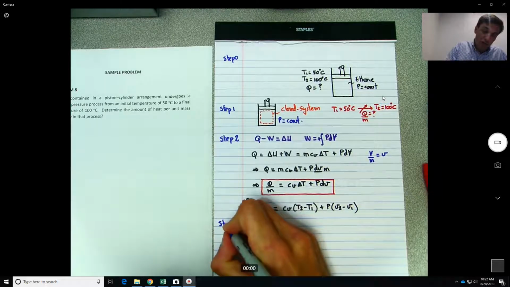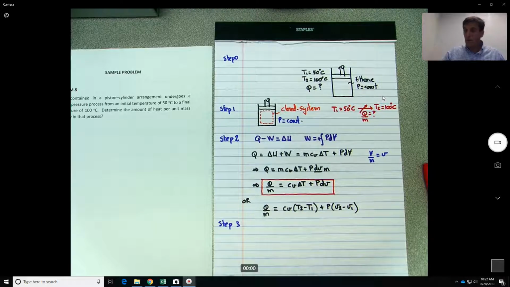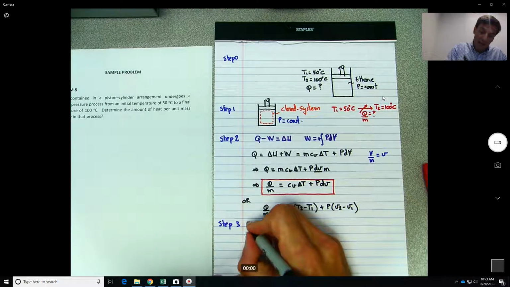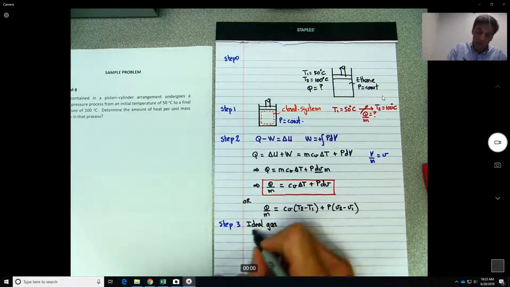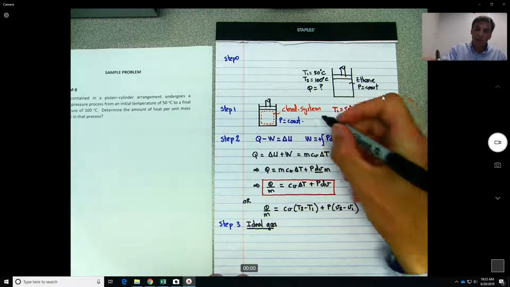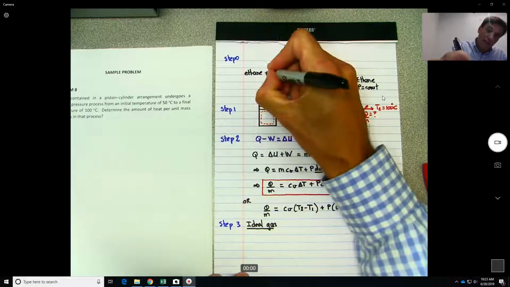So we go to step 3, and we know that for the ideal gas, which is the ethane. Something I forgot to put here, information is that ethane is an ideal gas.